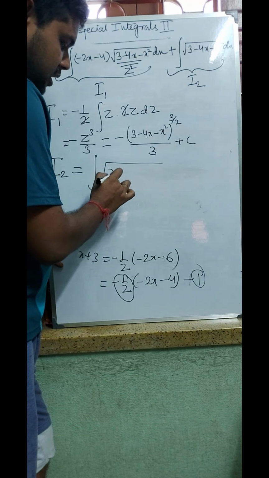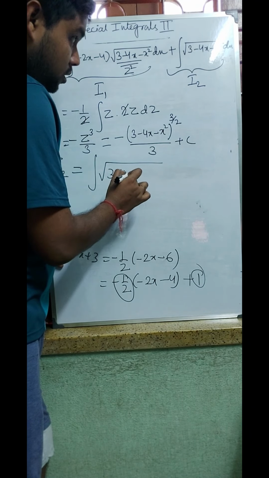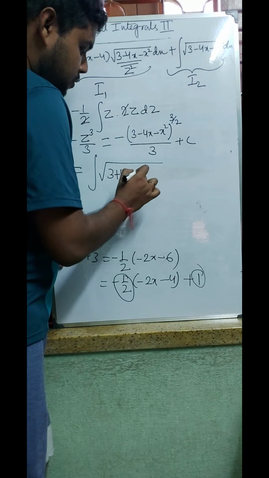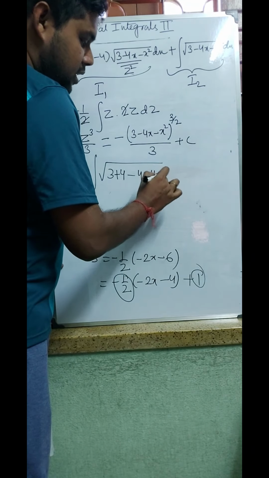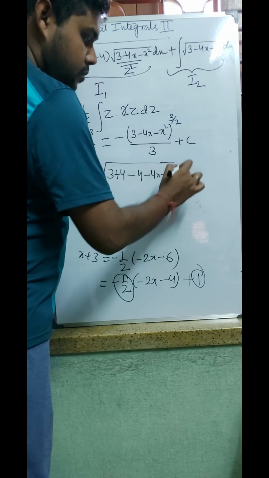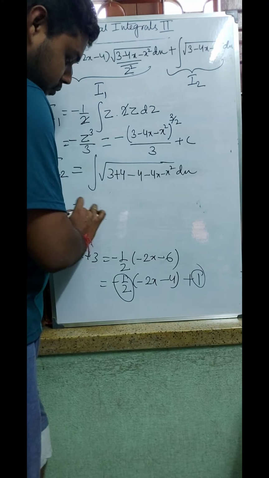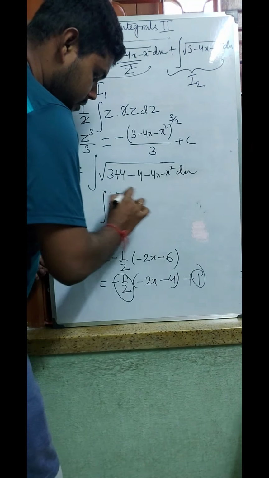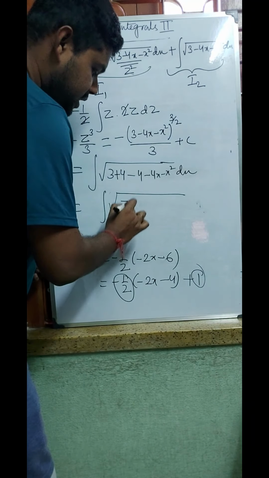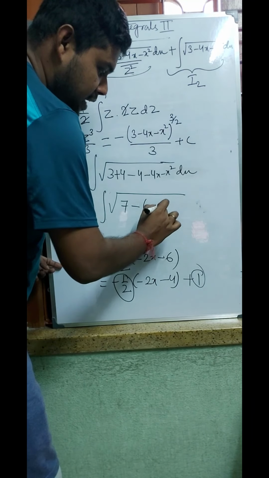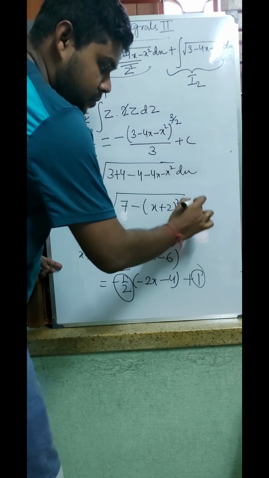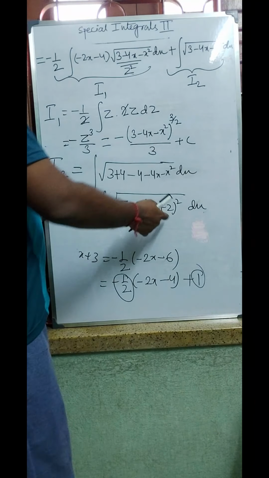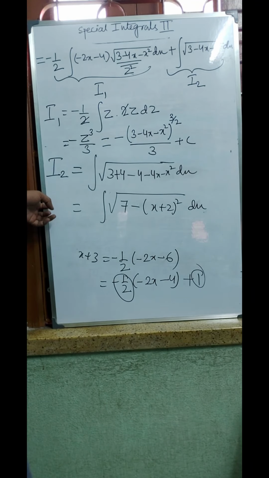So this will be 3 plus 4 minus 4x minus x square dx, or this is 3 plus 4 is 7 minus x plus 2 whole square dx. So this is in the form under root a square minus x square.